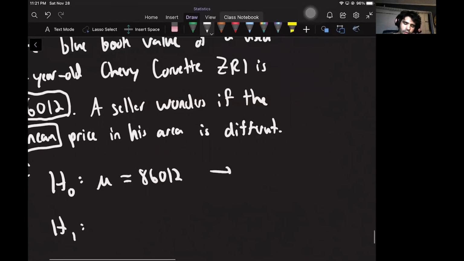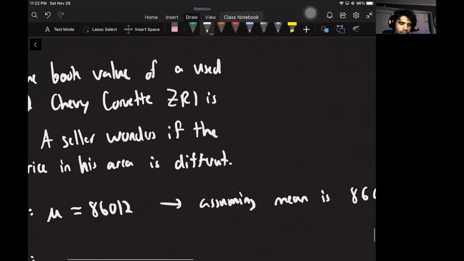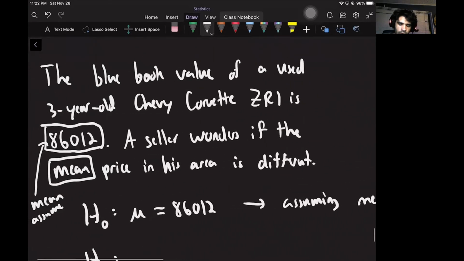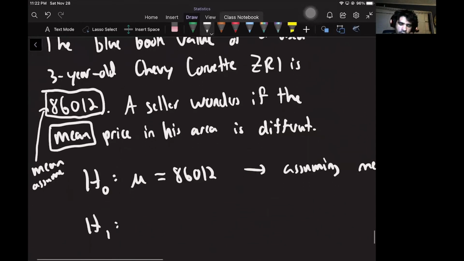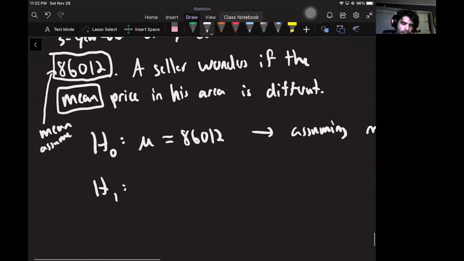But really what we're doing is we're assuming the mean is this much money. And the researcher is wondering, okay, this is the standard average price. Is it different in their area? So they want to test if the mean is different.